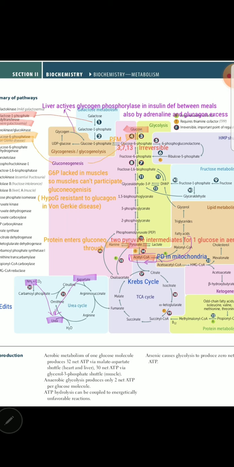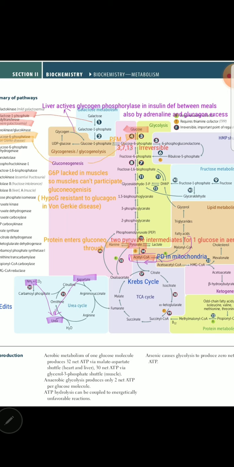So if a patient is given glucagon in excess to break down this glycogen by activating glycogen phosphorylase, or it activates gluconeogenesis enzymes, multiple enzymes are activated by glucagon as well, because it will increase the level of glucose, opposite to insulin, but it will reach this point but won't move up to glucose, because this glucose 6 phosphatase is deficient.